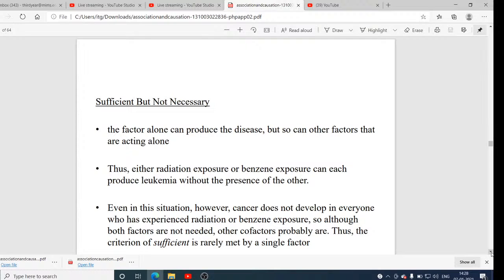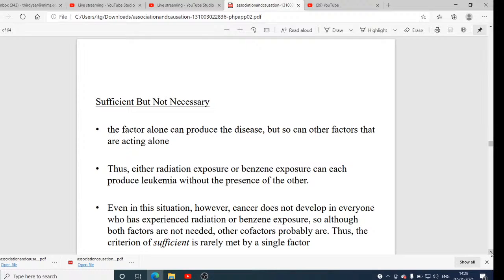Now, coming to sufficient but not necessary. The factor alone can produce the disease, but so can other factors acting alone. Thus, either radiation exposure or benzene exposure can each produce leukemia without the presence of others.